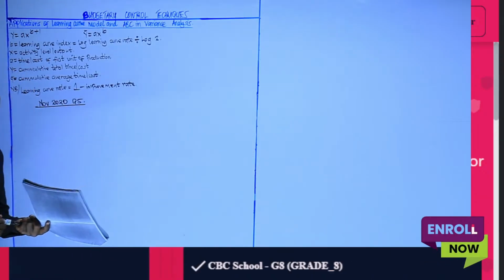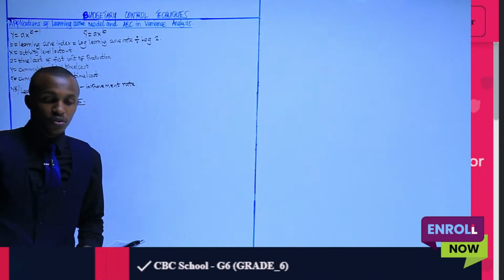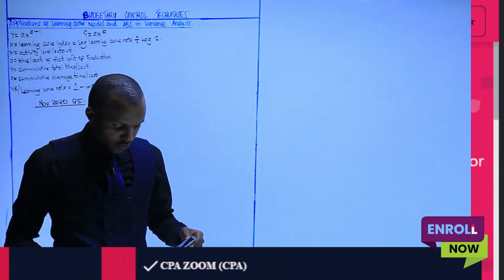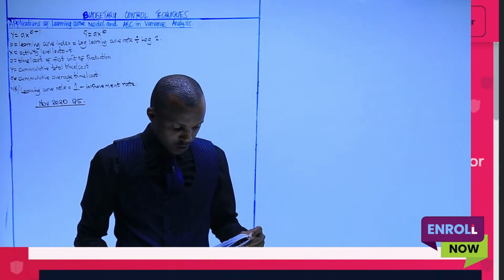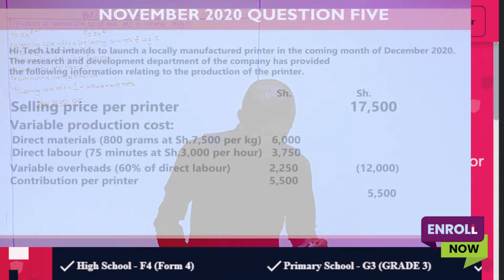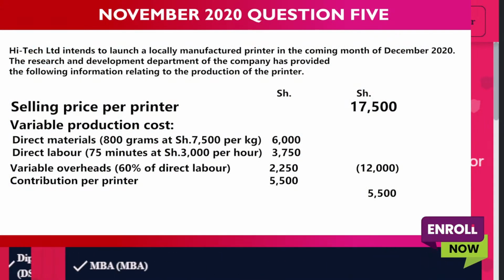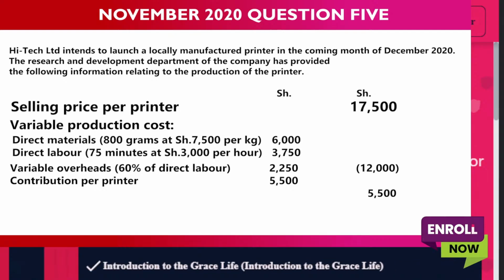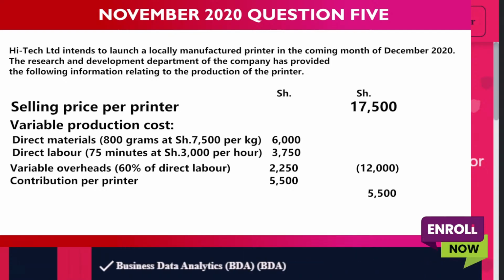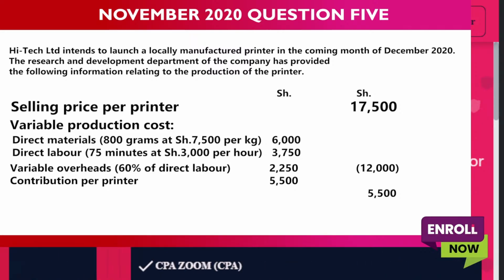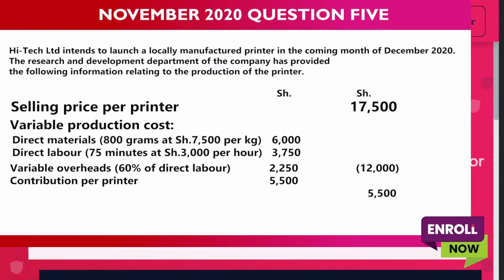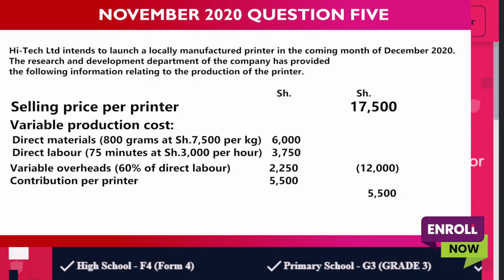Question 5 of November 2020 is a question we will tackle today, where they're saying High Tech Limited intends to launch a locally manufactured printer in the coming month of December 2020. The Research and Development Department of the company has provided the following information relating to the production of the printer.